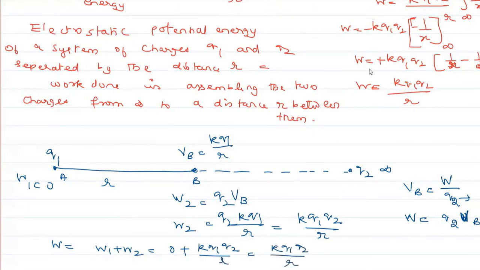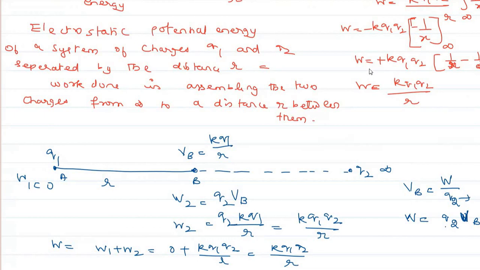When you do it in the exam, use this formula, because here you have to write integration and everything. And in numericals also you use this formula. Because already we know that the electric potential at B is given by W by the charge we are going to bring. So W will be equal to the total amount of charge we are bringing multiplied by the potential, which is the potential energy of a unit charge.